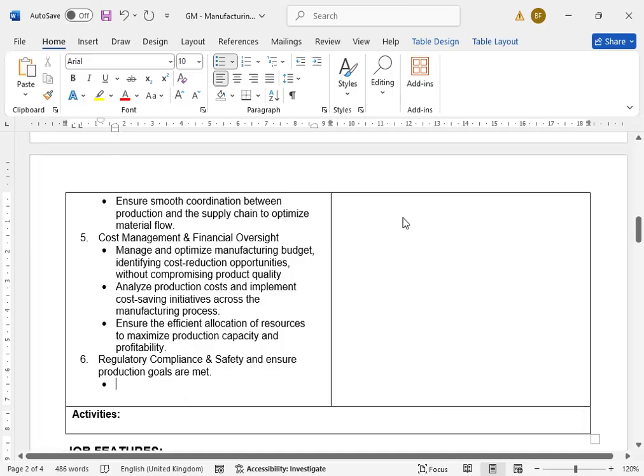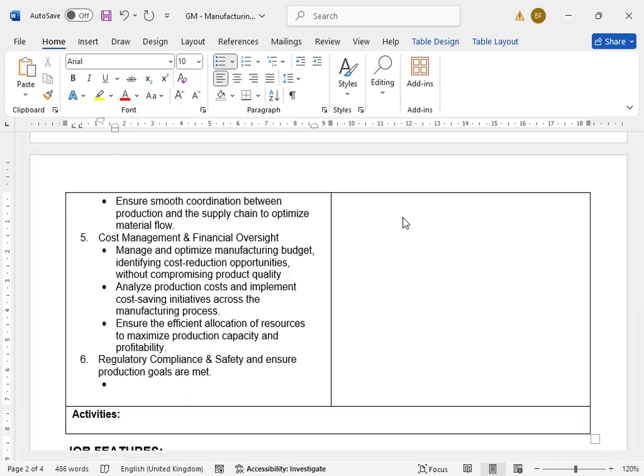Anyway, for the last key performance, or the areas of responsibility rather, what I'm going to do is ensure all food manufacturing operations comply.